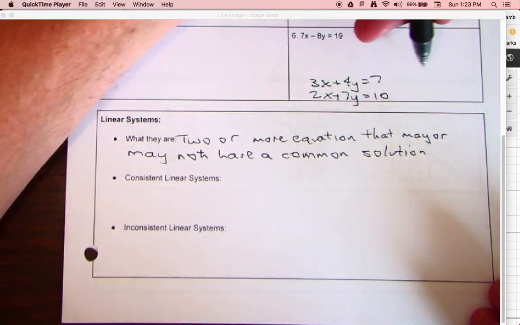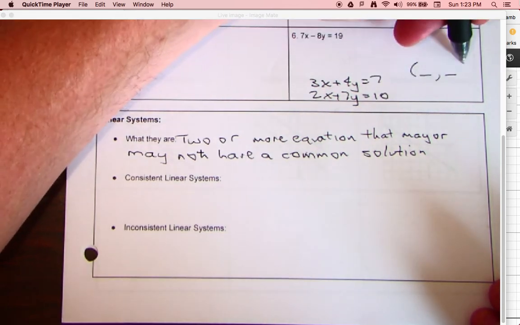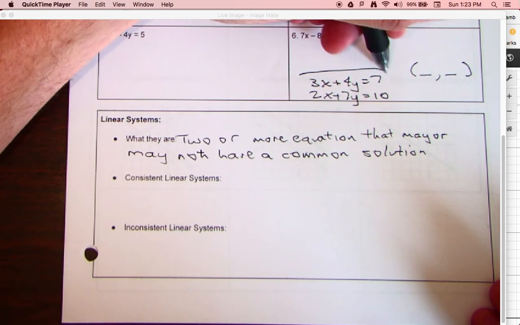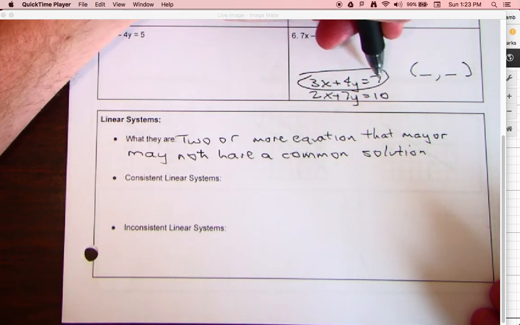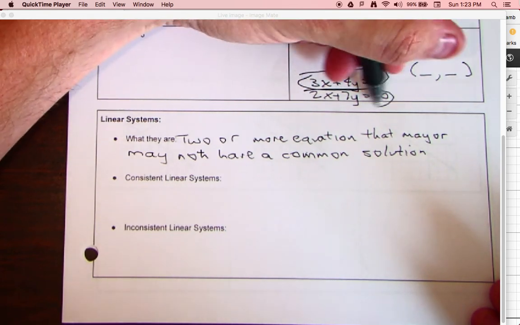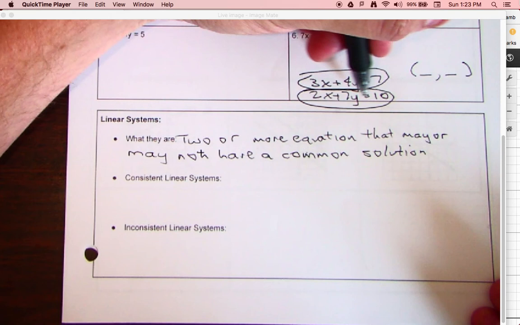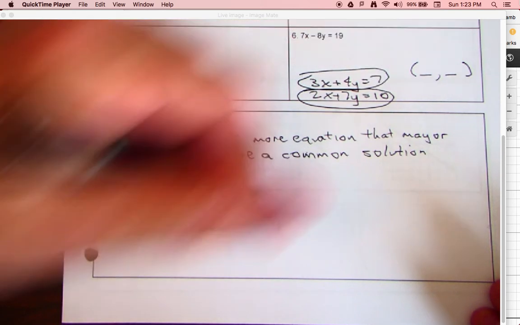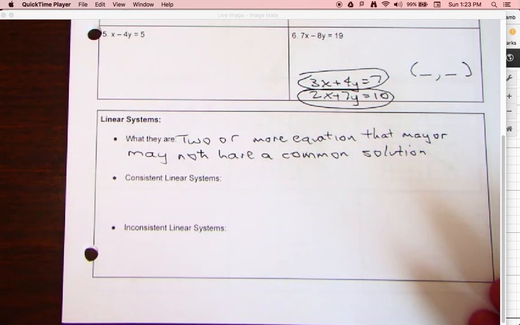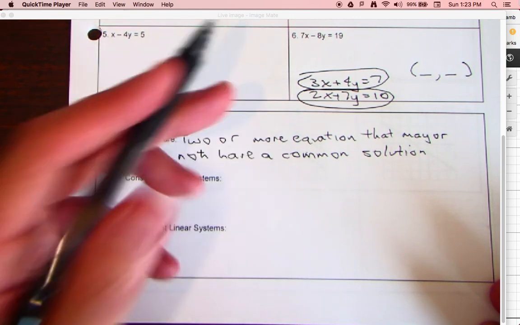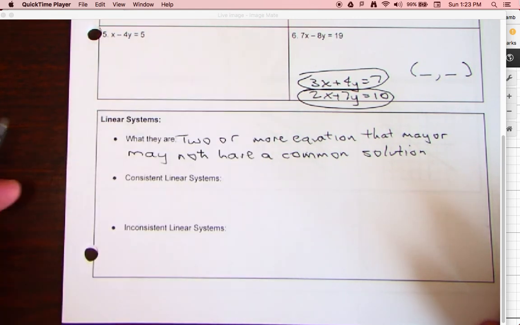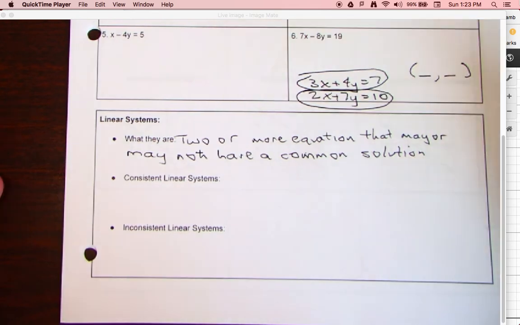What we're looking for are an x-coordinate and a y-coordinate that I plug into the first equation and I get an answer of 7, and I take that same x and y and plug it into the second equation and I get an answer of 10. That's what we mean by a common solution. Sometimes linear systems have a common solution, sometimes they don't. I'm not sure which one this is, but I just wanted to give that to you as an example. So that's what a linear system is.